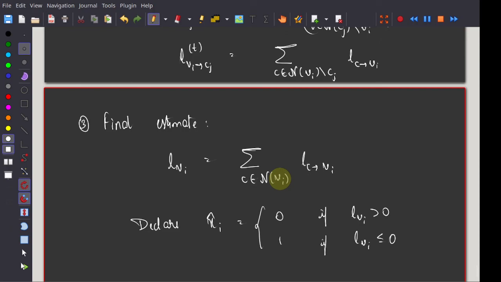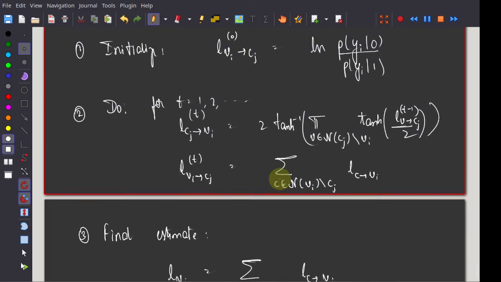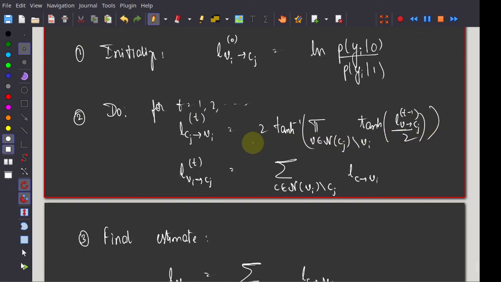So in each iteration or each step, you only incur linear complexity, right? Because the overall complexity of this is constant. Overall complexity of this is constant. You have n vertices to do this for. So overall, in each iteration, the complexity is just linear. You run it for however many iterations you want.